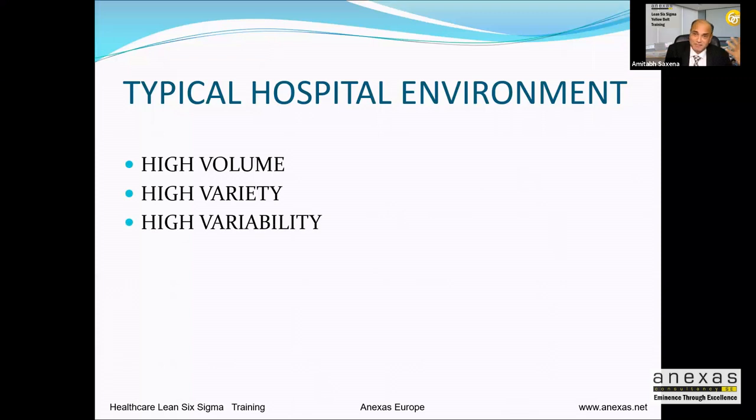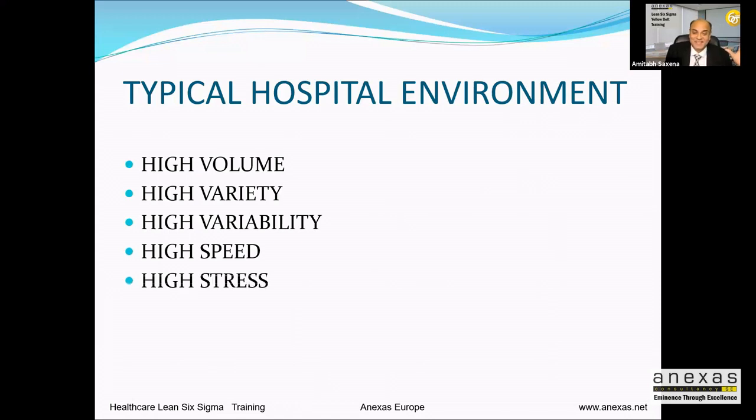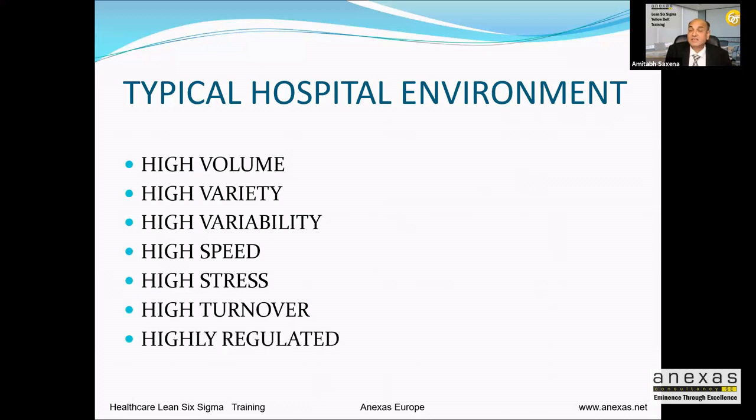So in a typical hospital environment, it's high volume, high variation, high variability, high speed. We want to do things very quickly. And sometimes you need to save the life of the patient. You have to be quick. High stress, high turnover. And it is most highly regulated. Regulated means law. You have to follow the regulations.